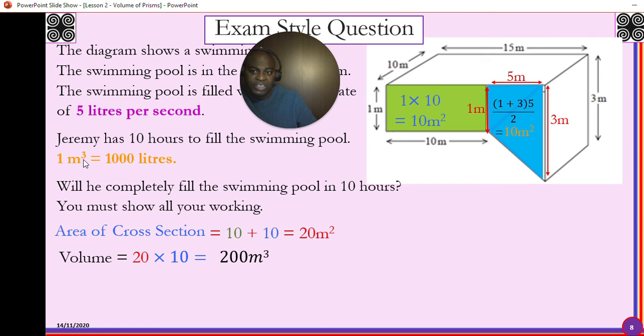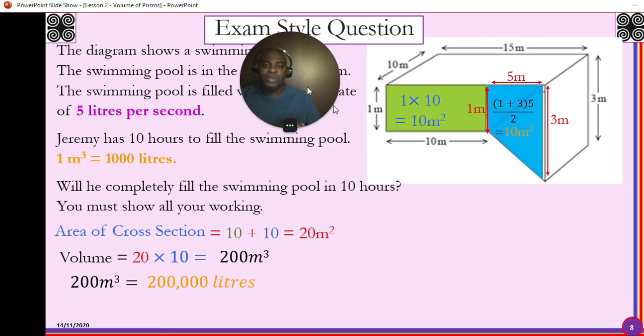If 1 meter cube is 1000 liters, 2 meter cube will be 2000, 3 meter cube 3000, and so on. So if it is 200, we multiply 200 by 1000, and 200 meter cube is 200,000 liters. That means that this swimming pool can take 200,000 liters.